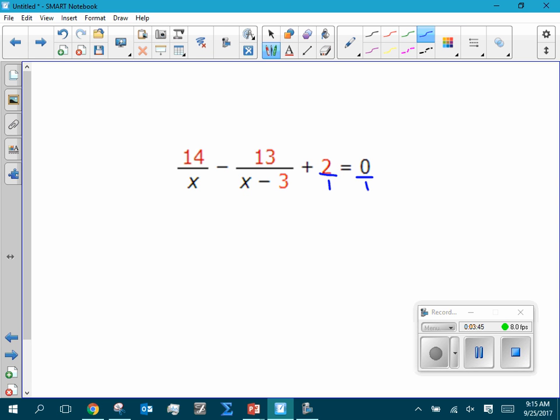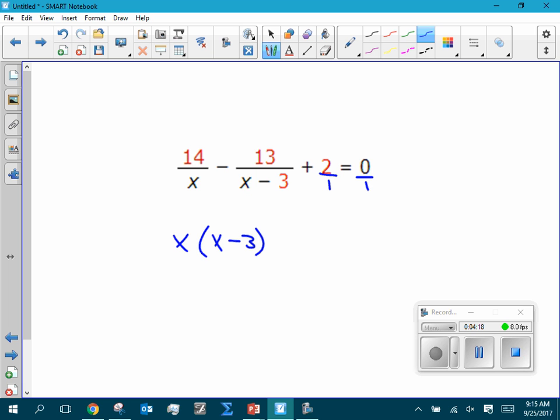Now with variable expressions, it's going to be beneficial for you to find the least common denominator. In choosing it, basically you go through all the denominators and say, if this term is new, I have to include it. So I go through this, and x obviously is the first one I come across, so it's a new term, so I have to include it in my common denominator. x minus 3 is new, so I include it. 1 is new, but that's just times 1, so we're fine.